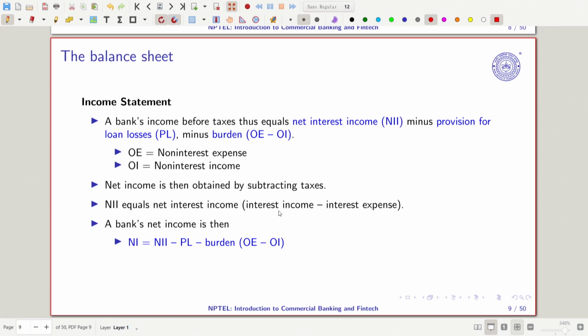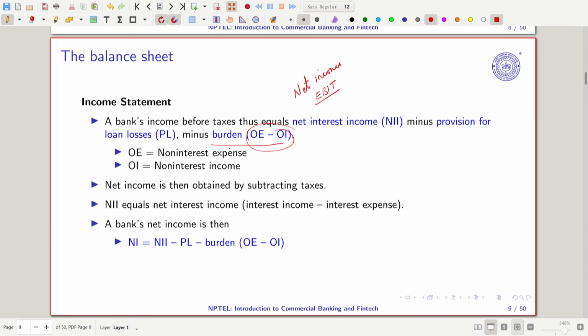In the case of the income statement, we often get net interest income minus the net income that you have. So for the bank, I think it will come in later slides also. I am talking about net income. Earnings before interest and taxes, EBIT, is basically net interest income, NII, minus provision for loan losses, minus burden, and burden is what?